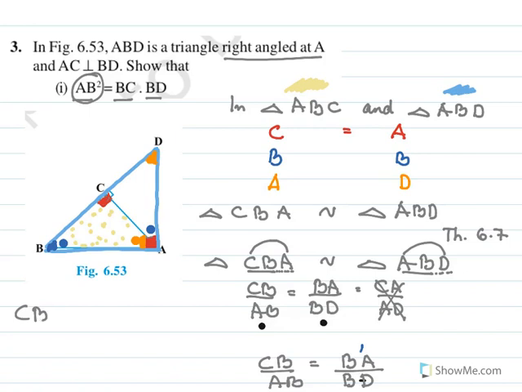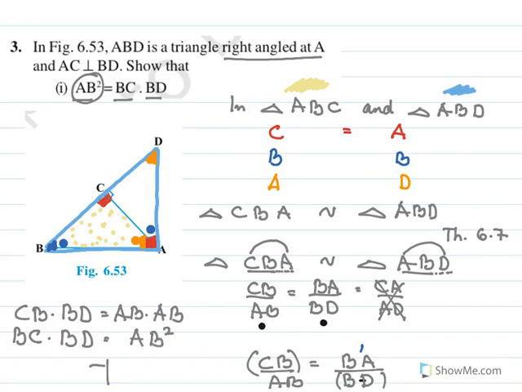When I cross multiply these two, I get CB into BD equal to AB into AB. So for CB I can write BC. BC into BD equal to AB square, and I have proved.